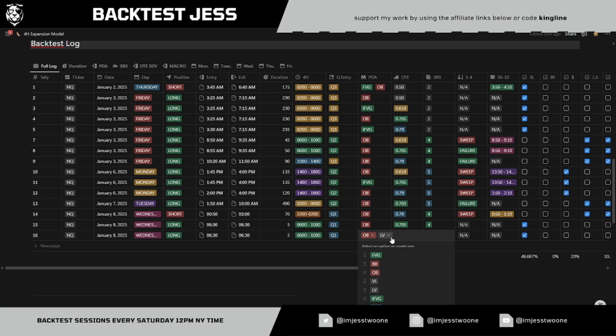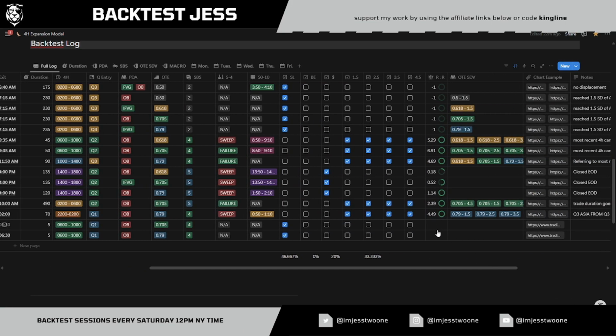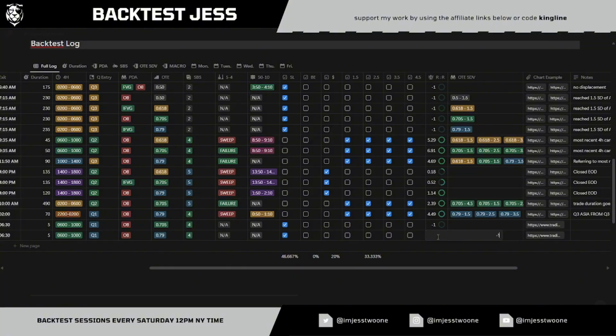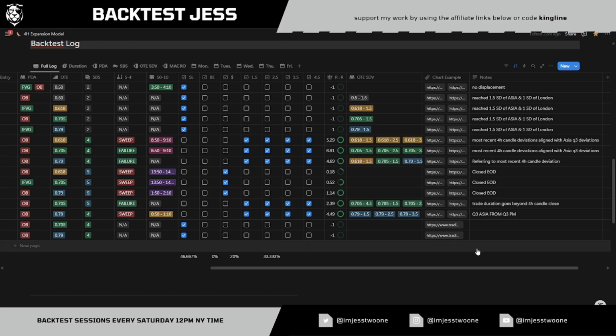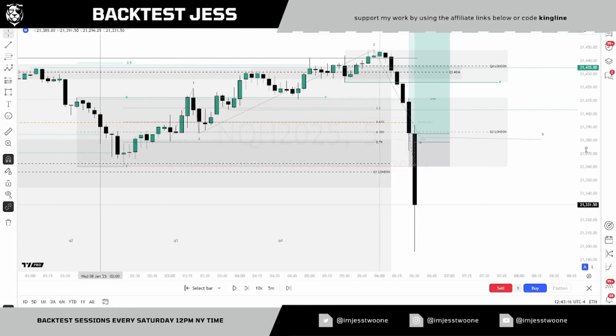Oops. Both of them were stopped out. Both of these get -1 R. And no expansions out. And then now I can zoom into the trades itself.